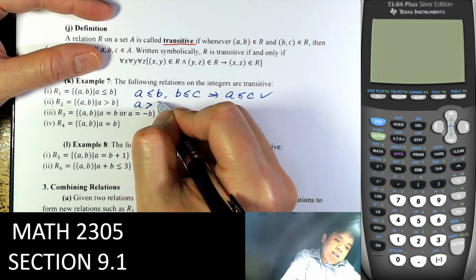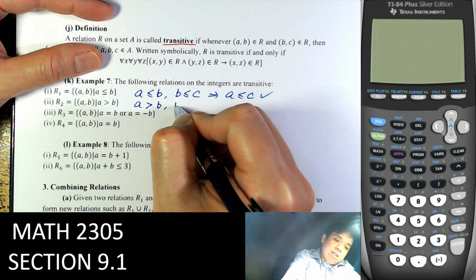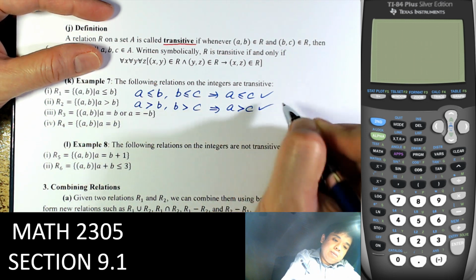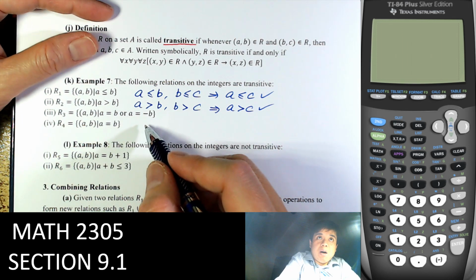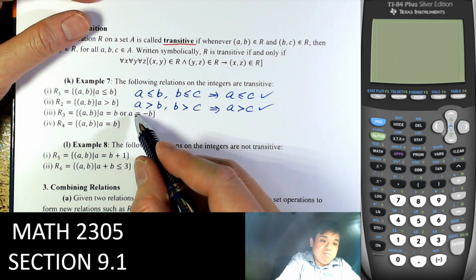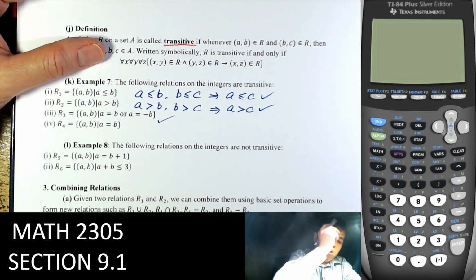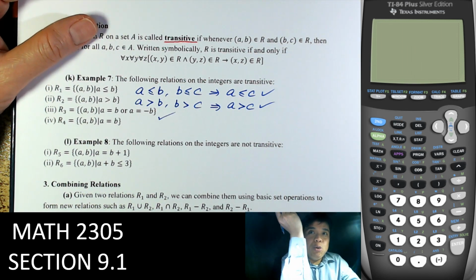Same thing for greater than. Equal or opposite, those are obvious, and equal. So these next two are obvious. If A equals B, B equals C, then A equals C.